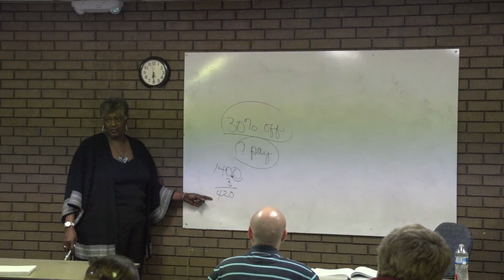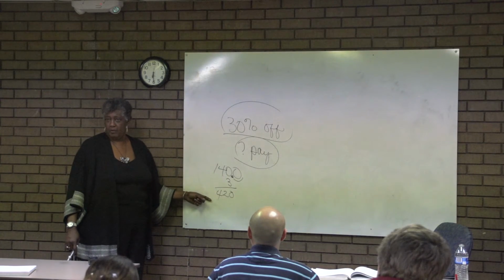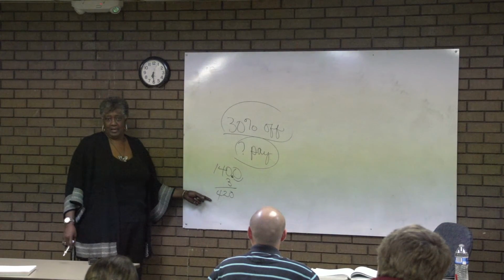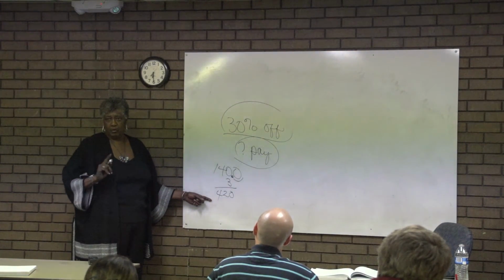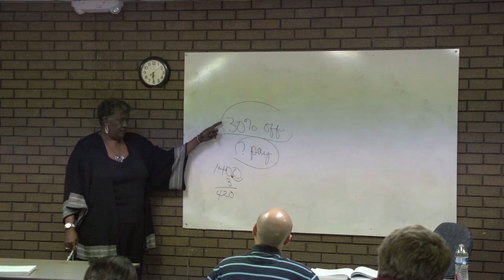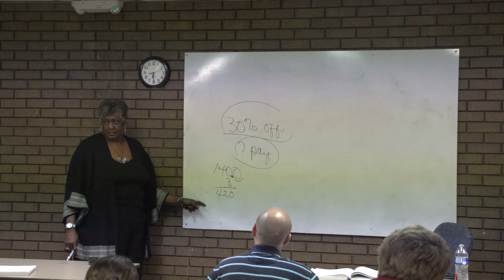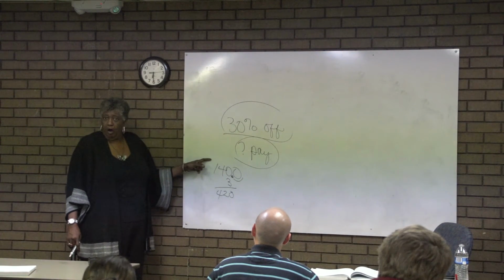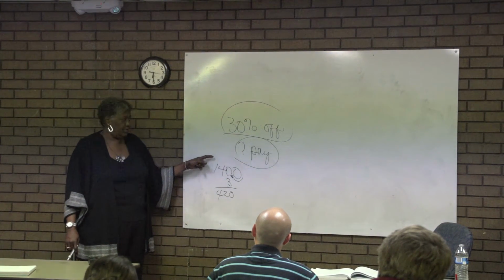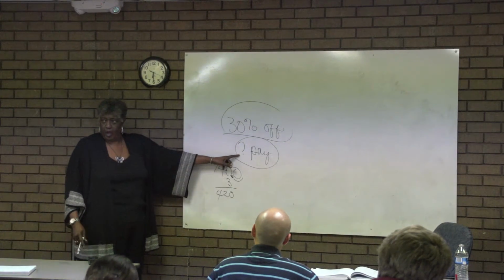That would be one of the answer choices. Because some folks would do the math, come up with 420 and figure, okay, that's my answer, because you weren't thinking through it. They're taking 30% off. You're not paying 30%. You gotta then take this off of the $1,400 to decide how much you're gonna pay.